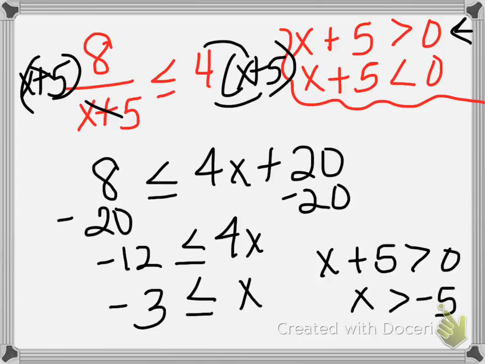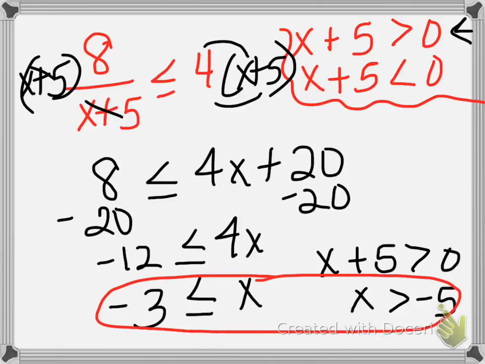So my answer for this inequality needs to incorporate both of these things. On a number line, if I need an answer that is greater than negative 3 and greater than negative 5, I can simplify that by saying x needs to be greater than or equal to negative 3. That will also encompass the greater than negative 5 answer.